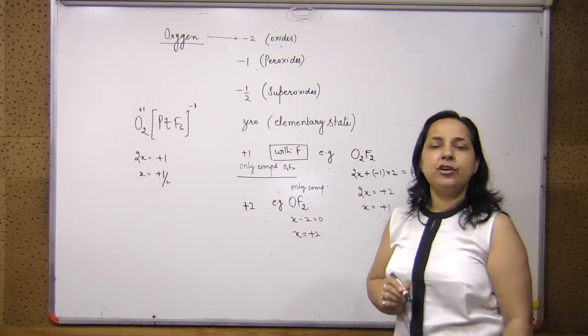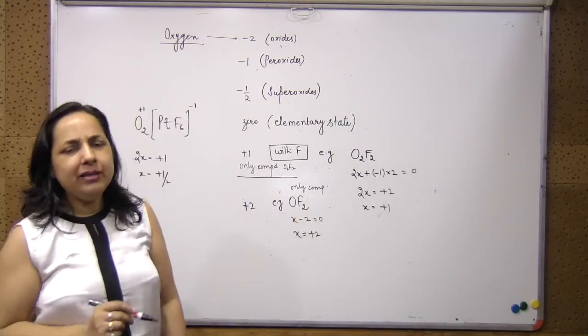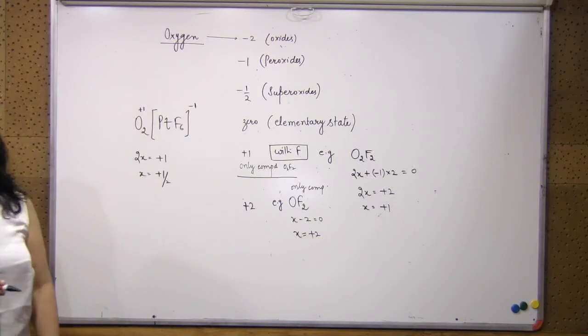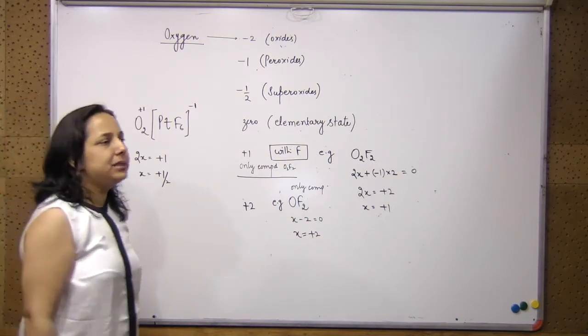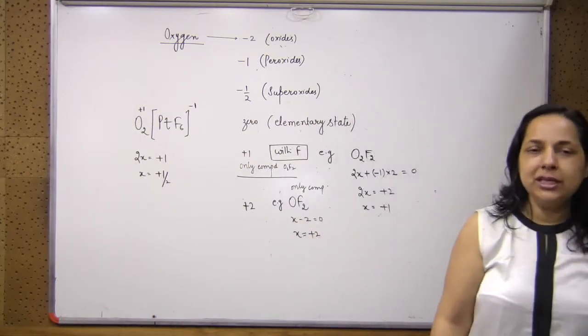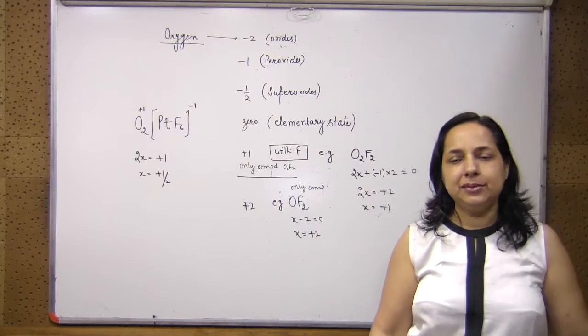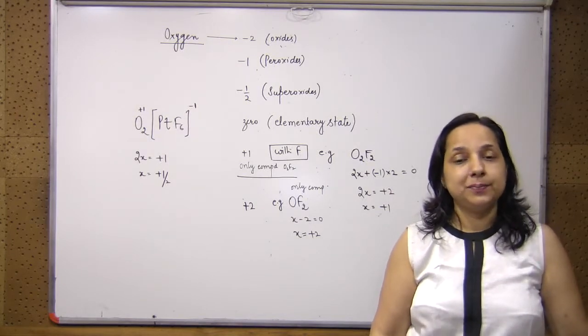It means positive oxidation state of oxygen is going to be rare. Very rarely it is possible to have +1, +2. Only 3 examples of positive oxidation state I have written, and these 3 examples are the ones in which oxygen is positive. Otherwise, generally 99% of the time it is going to be a negative oxidation state. Okay.